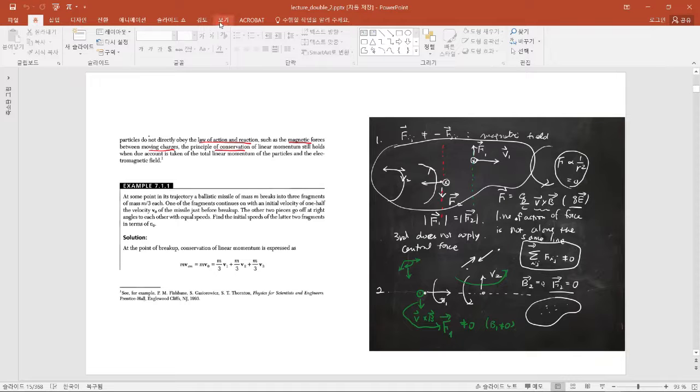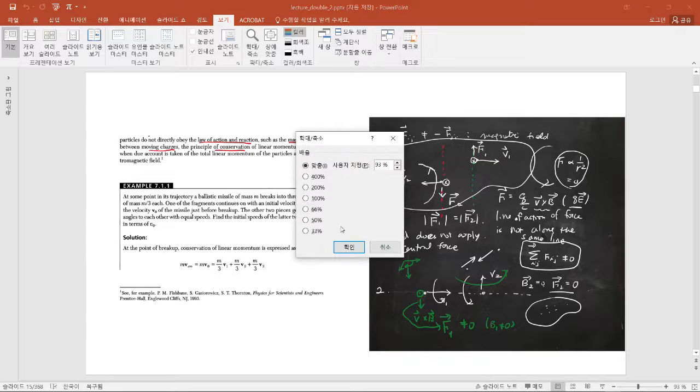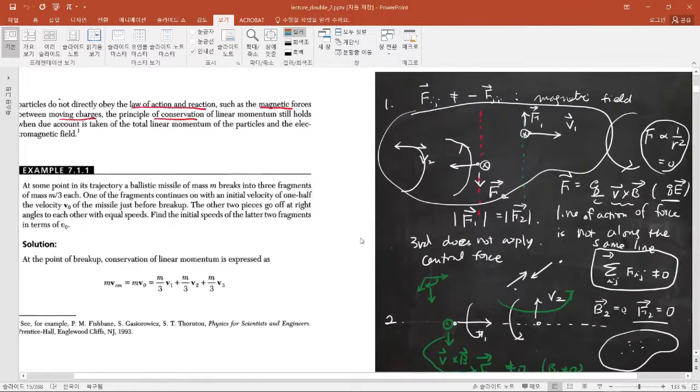Let's enlarge this so that you can read it more easily.